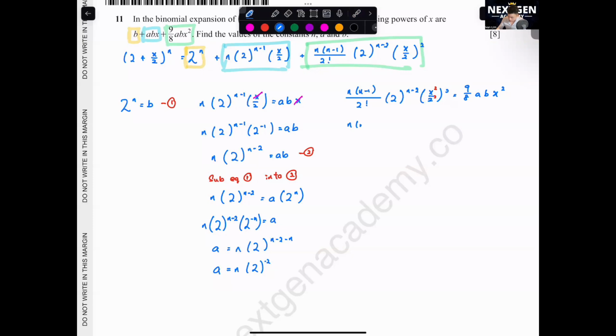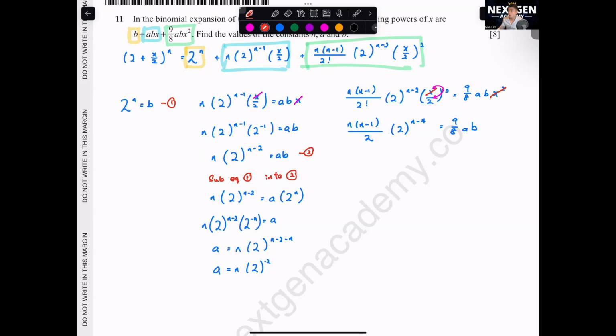So this will become n(n minus 1) over 2 to the power of n minus 4 equals 9 over 8 ab. The x squared both will cancel off. Okay, better not write the square here actually. Later, I just write, okay, because I don't want to keep writing the entire thing. And this one will cancel off.